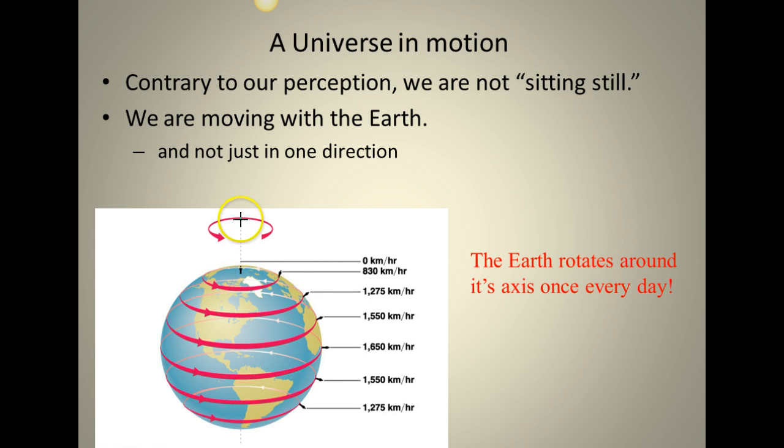So one axis would be right here, right through the middle of the North Pole. You see the person standing there. And then there'd be another axis right here through the South Pole. So again, it takes the Earth 24 hours to rotate once around its axis.